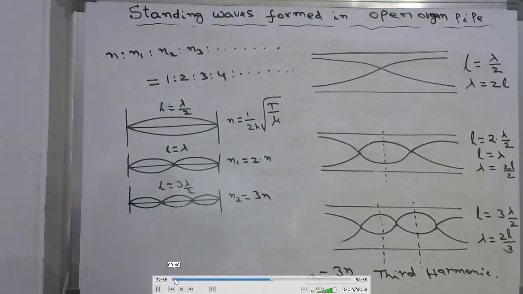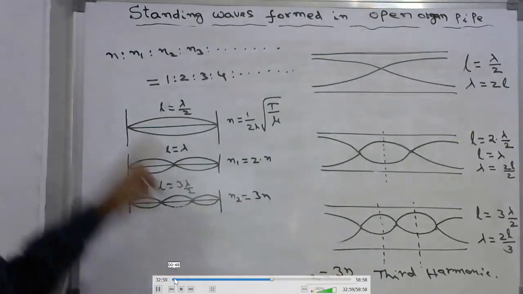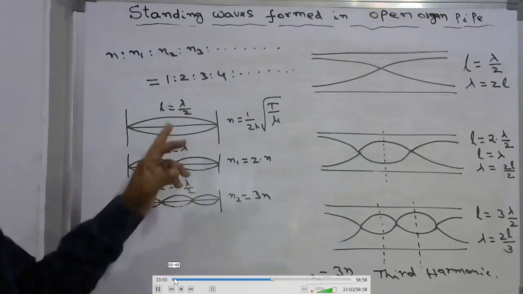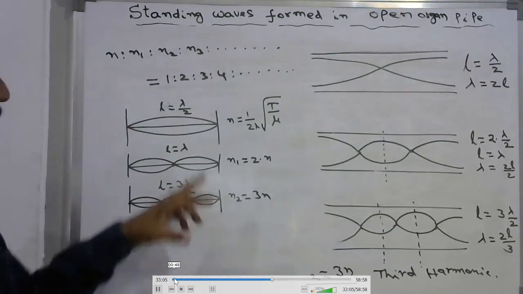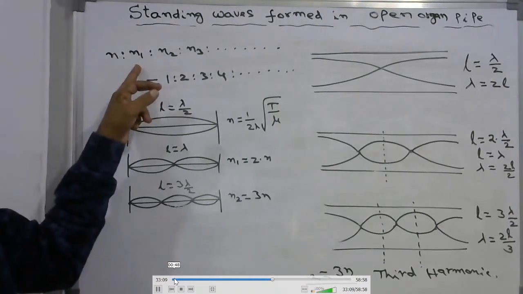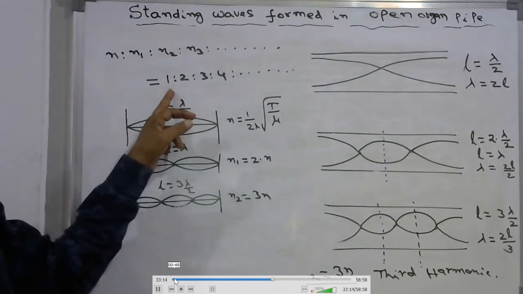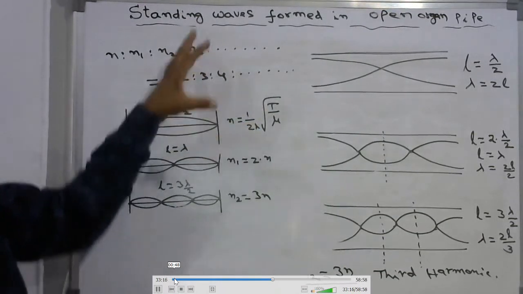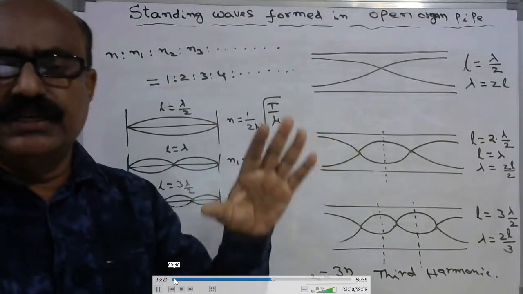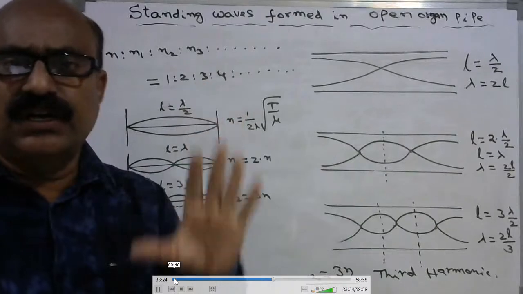Just like in an open organ pipe, you can compare this with the frequencies in stretched strings. Even in a stretched string, the fundamental frequency and its overtone frequencies are in the ratio 1 is to 2 is to 3 is to 4. That means all harmonics are available in case of the stretched string and in case of the open organ pipe.